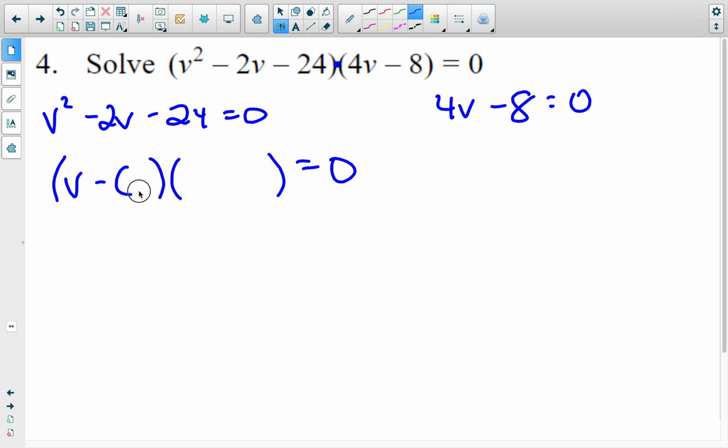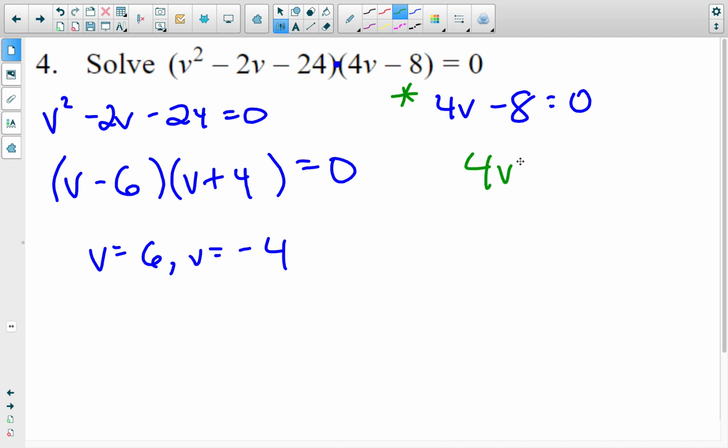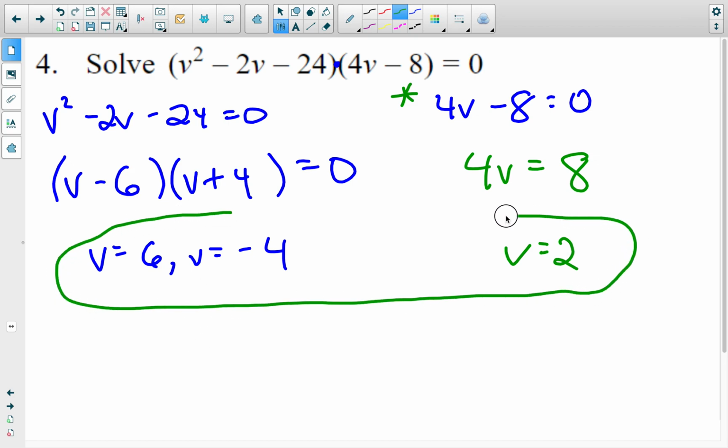So we can factor this into v minus 6 and v plus 4, meaning that v would equal 6 and v would equal -4. But we can't forget, we still had this one up top, right? 4v minus 8 equals 0, meaning that 4v equals 8 and v equals 2. Right? So our solutions here would be all of these. V equals 6, V equals -4, V equals 2.